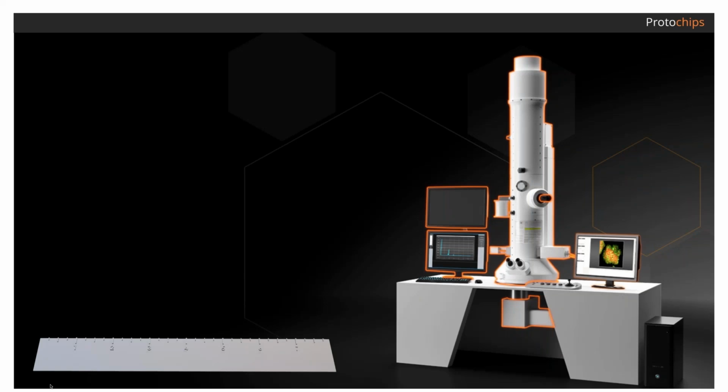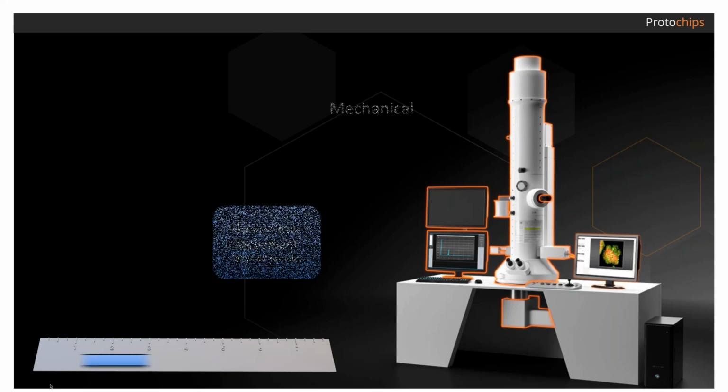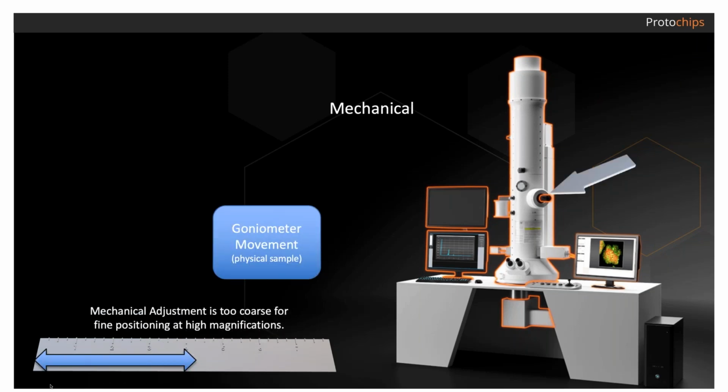When you want to reposition a sample, physically or at least in the projection of the image to delivery to the detector, you do it with several different things. You can move the goniometer, which physically moves the sample. But it's a very coarse movement, so it only really works at lower magnifications.